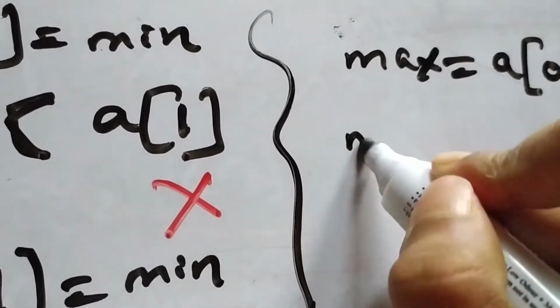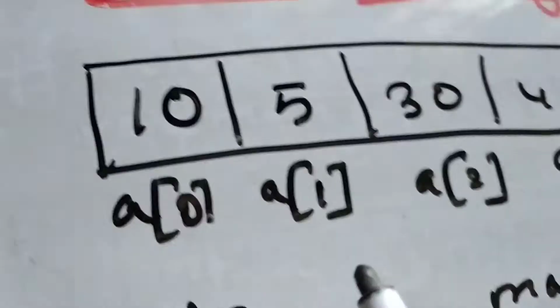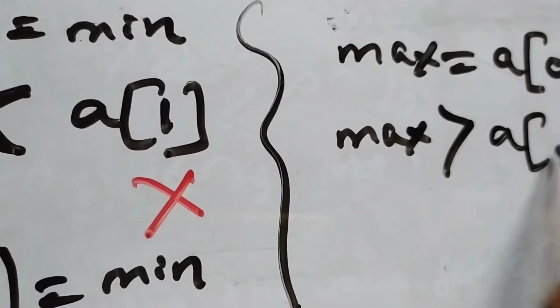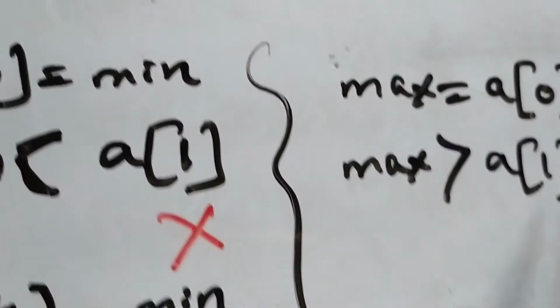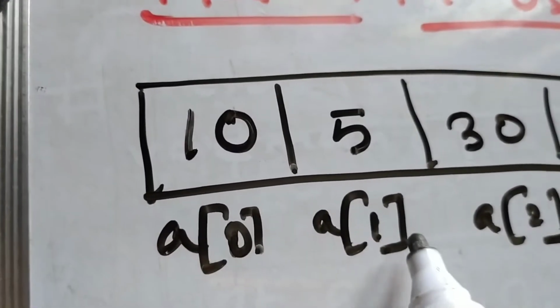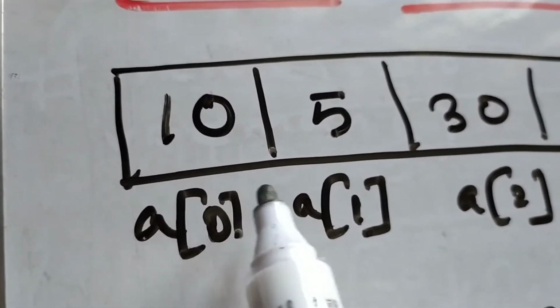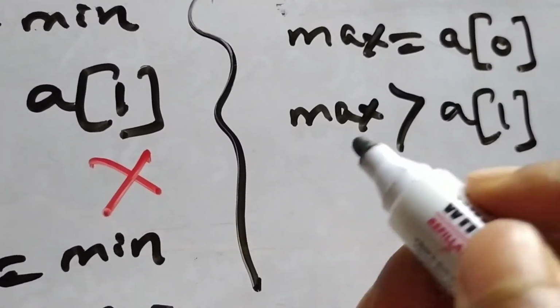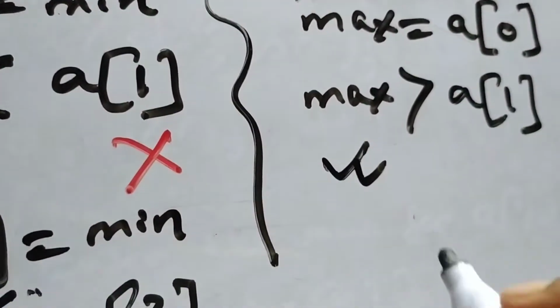Now comparing max greater than the next value, a1. a0 is 10 and a1 is 5. So max greater than a1, that means 10 greater than 5. So definitely this condition will be satisfied and the loop will continue.